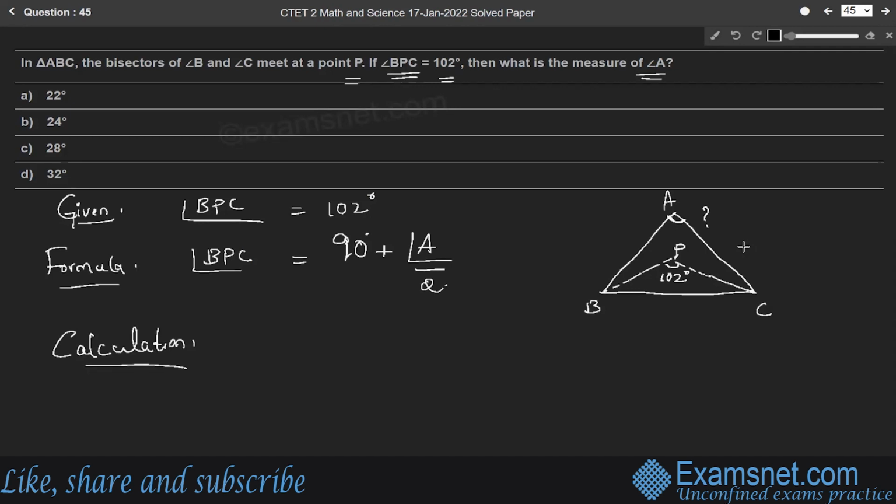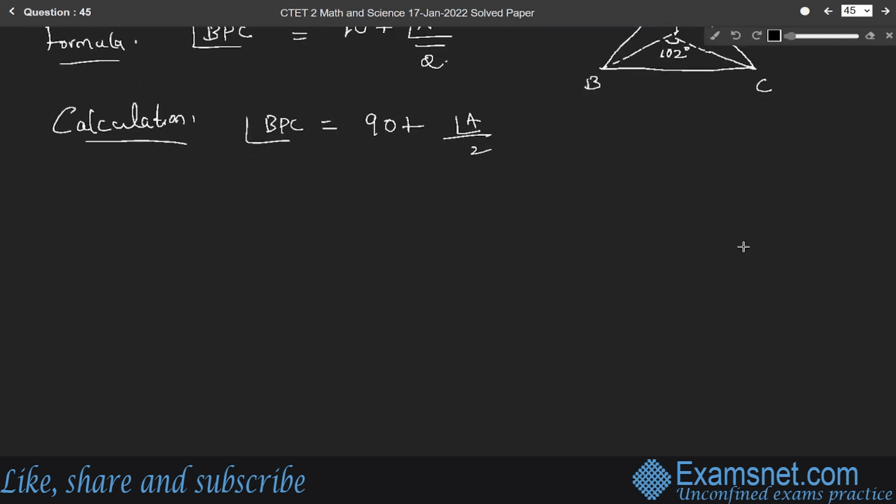Here we have to find angle A, so directly substitute the values. Angle BPC is equal to 90 plus angle A by 2. Therefore, 102 degrees minus 90 is equal to angle A by 2. Therefore, 12 degrees into 2 is angle A. Therefore, angle A is 24 degrees. This is direct substitution of values.